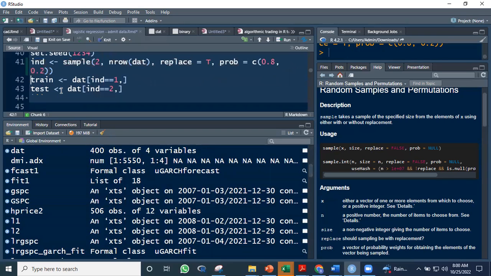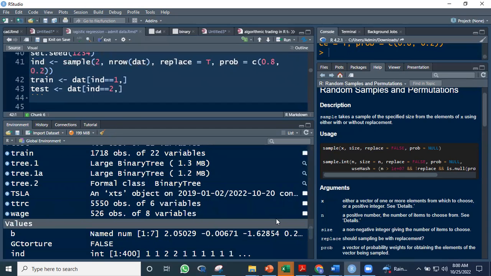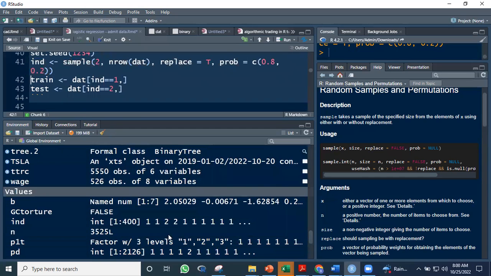Control Enter. Okay. Where's my ind? Here, guys. Ind. So it's a vector. Okay. So i-view nga natin.